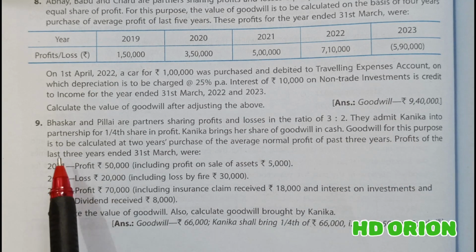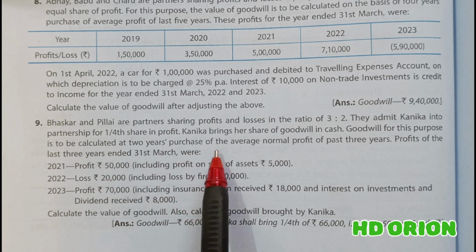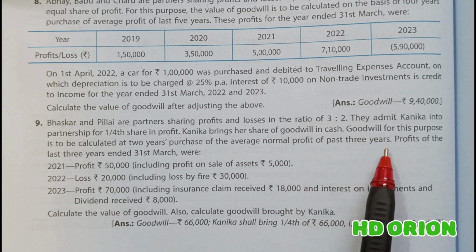Goodwill for this purpose is to be calculated at 2 years purchase of average normal profit of past 3 years.